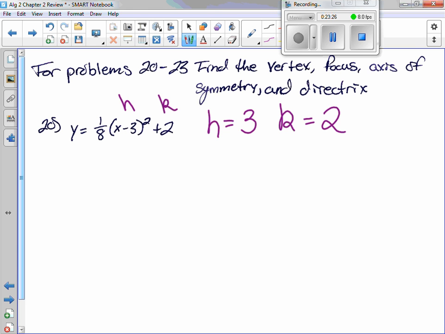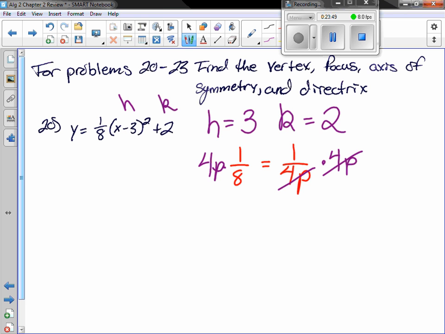Now to find the value of p, the 1/8 lines up where 1 over 4p should be. So we'll set it equal to 1 over 4p. Then just like we did before, we're going to multiply both sides by 4p. So 4p and 4p will cancel, leaving us with 1 equals 4p over 8.